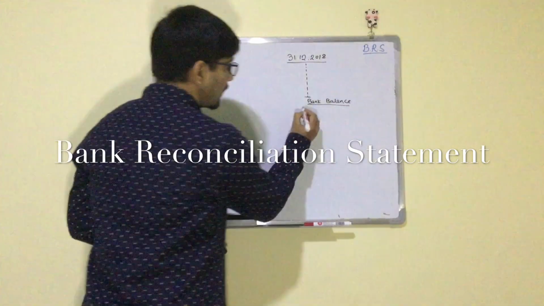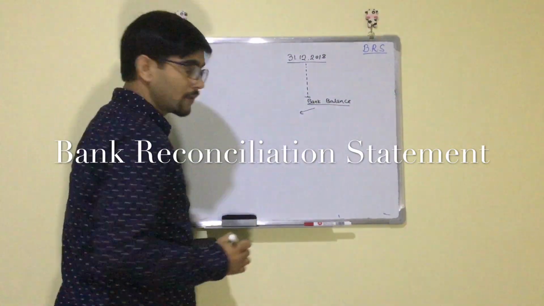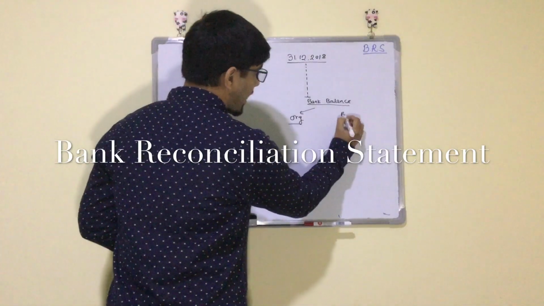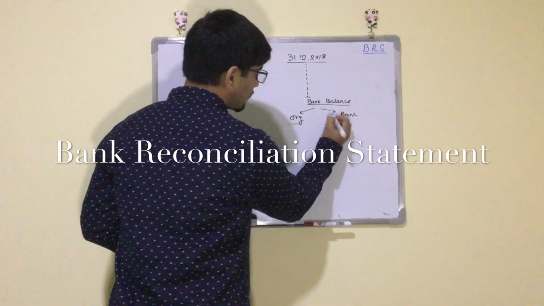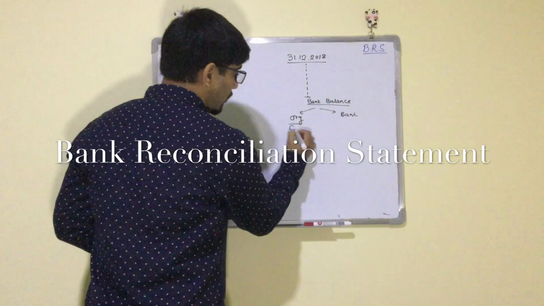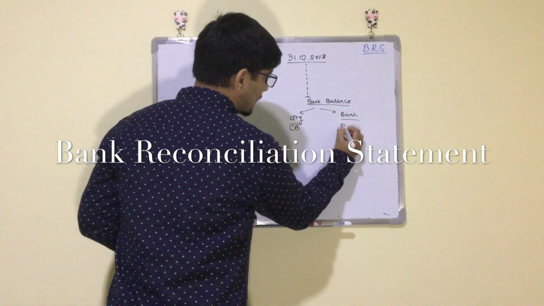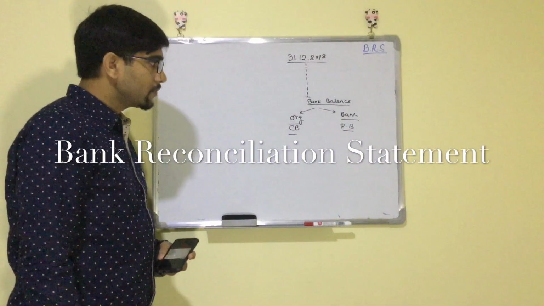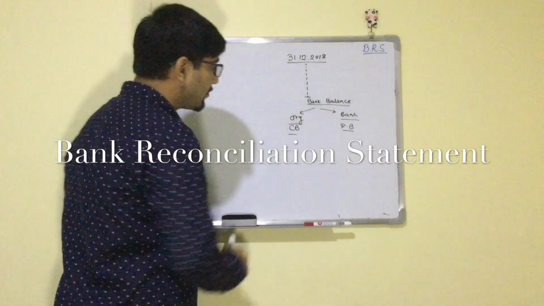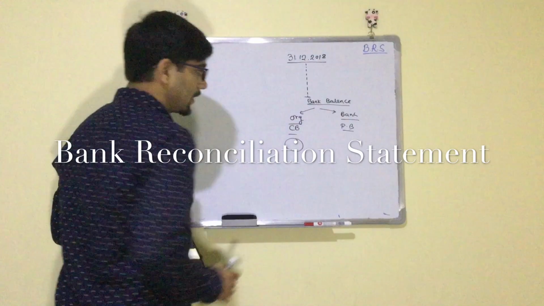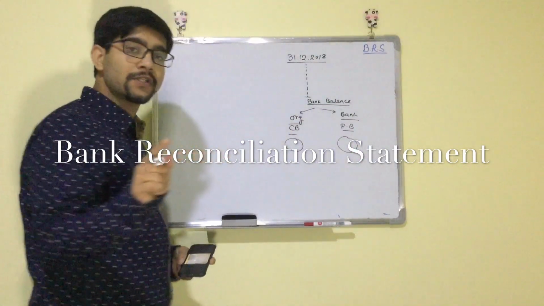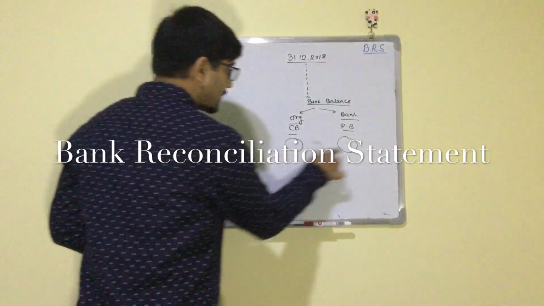But because there are two different books, one prepared by organization and another prepared by bank, we have cash book, it has passbook. We can find the differences in the balance of these two different books. We have already discussed about the reasons why there is difference.